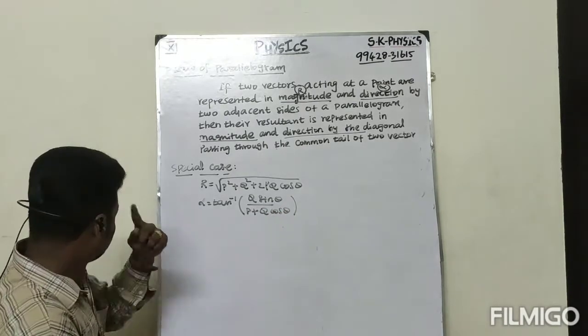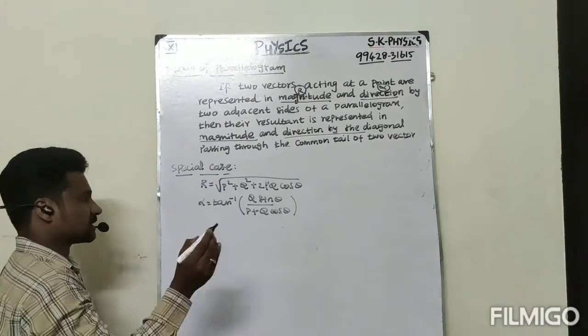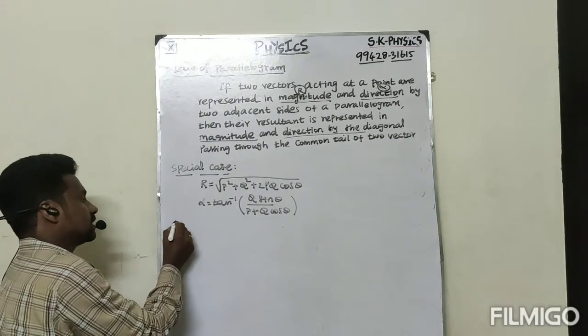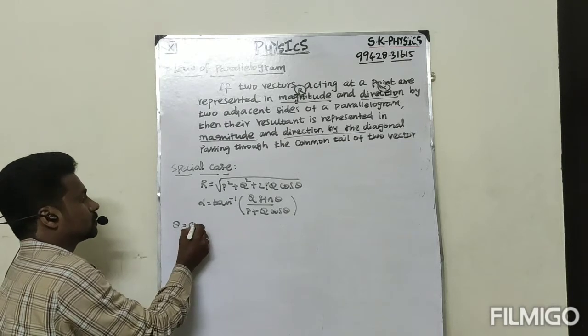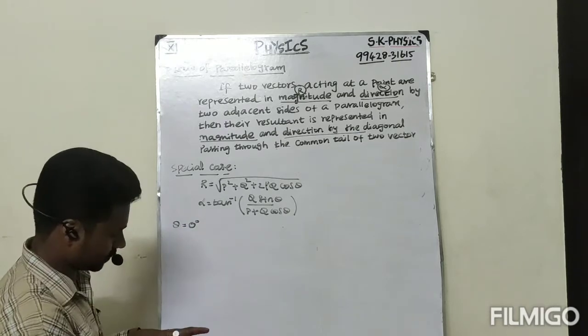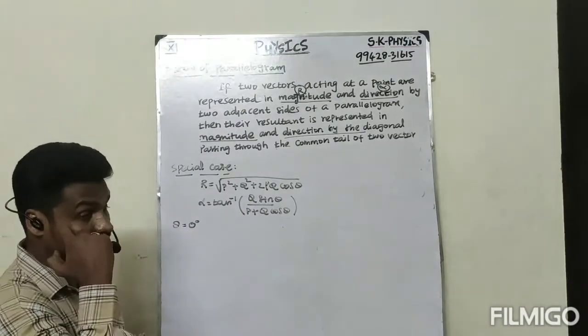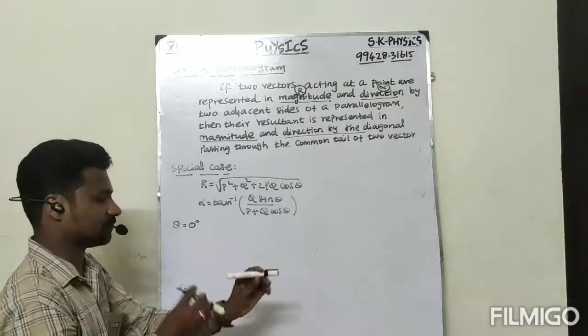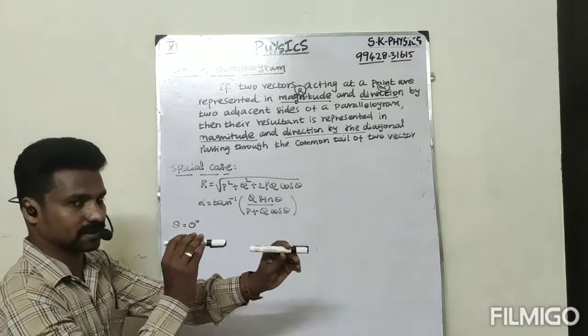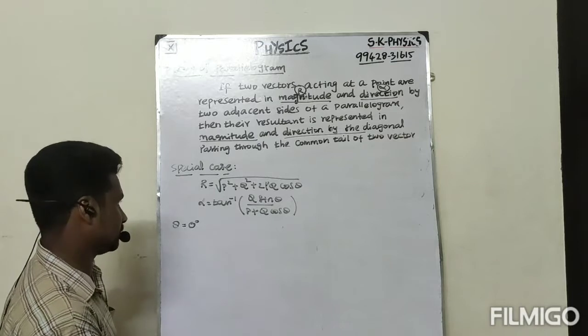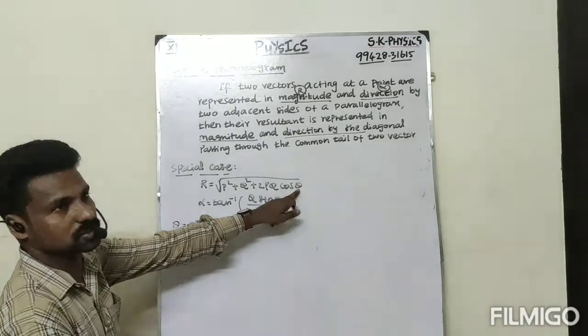So please remember this. If the two vectors act in the same direction, we can write theta is equal to 0 degree. The A vector and B vector are in the same direction, so there is no angle. So that is 0 degree, and cos 0 will come.